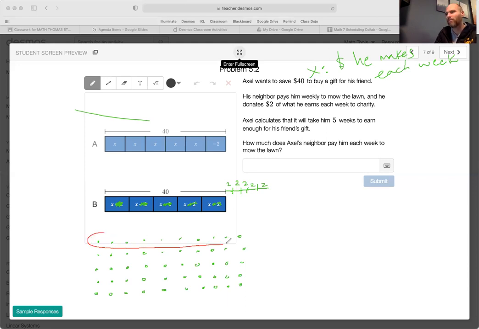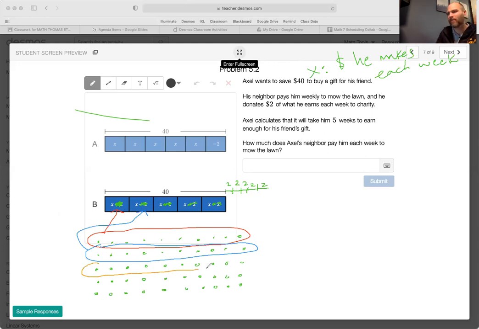It's easy to split 50 into 5 equal parts, right? Those 10 can go in that box. And these 10 can go in that box. And these 10 can go in that box.